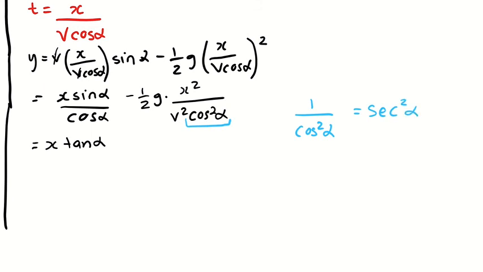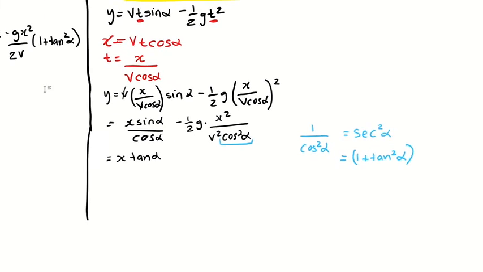Now, think about our Pythagorean identity. Sec squared is equal to 1 plus tan squared. So that's all they've done there. They've turned 1 over cos squared alpha into 1 plus tan squared alpha.